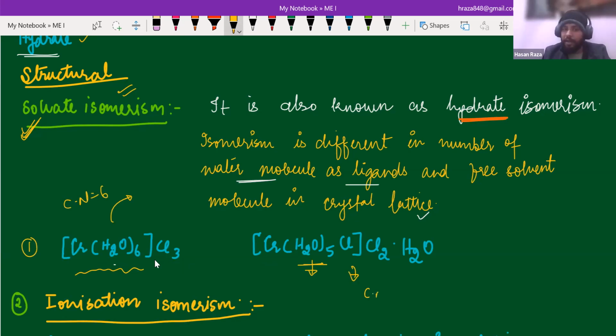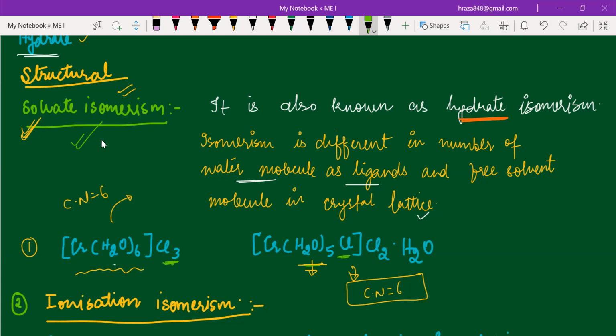There is 3 Cl, so you can see there is 1 Cl and H2O 5, and there is exchange between counter ion and ligand, and the exchange only takes place of water. That is known as solvent isomerism. Is that clear? Yes, sir. Overall, the formula is same.